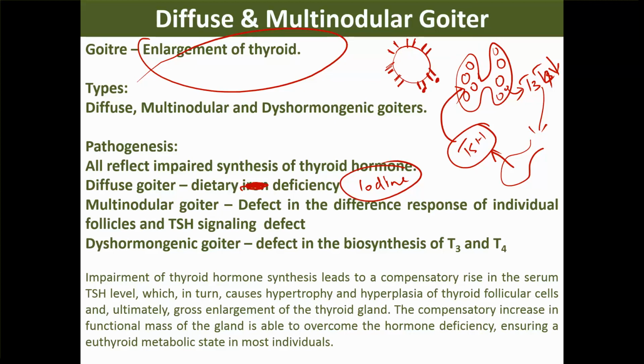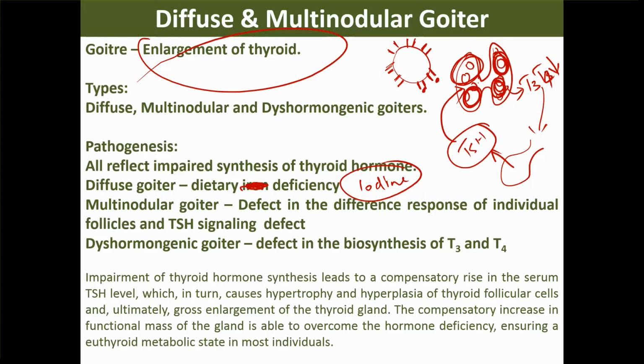If all have an equal amount of receptors, then they will result in diffuse hyperplasia of the thyroid. If they have variation in the number of receptors, those which have more receptors will go for bigger hyperplasia, and those which have fewer receptors will go for very little hyperplasia. So that results in multinodular goiter.